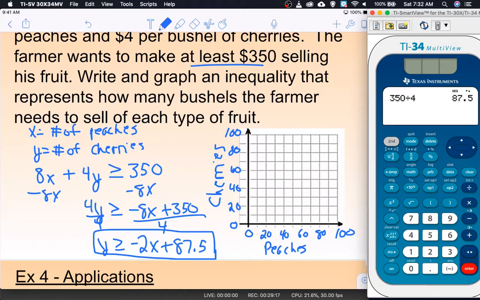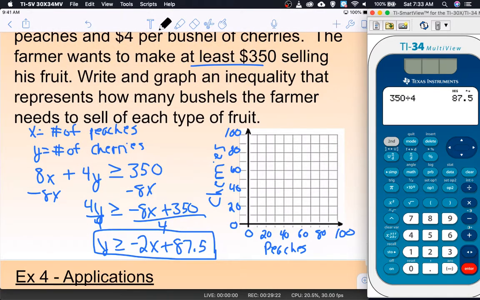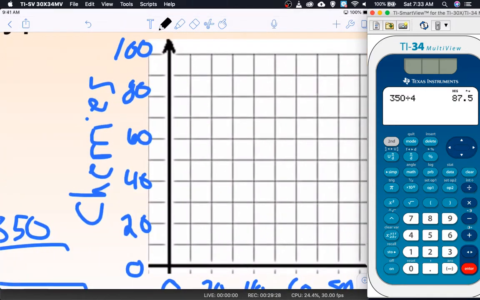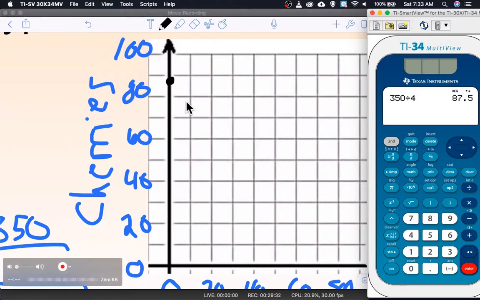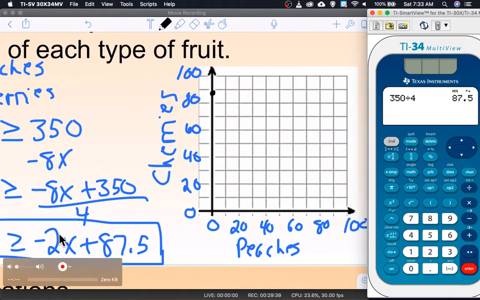And now we graph. I'm going to change color just to keep things separate here. 87.5 is really close to 90, like here somewhere. That's 90, that's 80, so up here somewhere. It's an estimate. Our slope is negative 2, so from here we can go down 2 over 1.